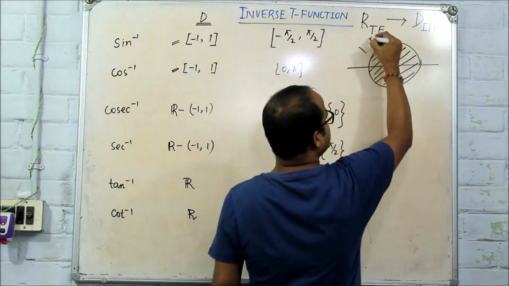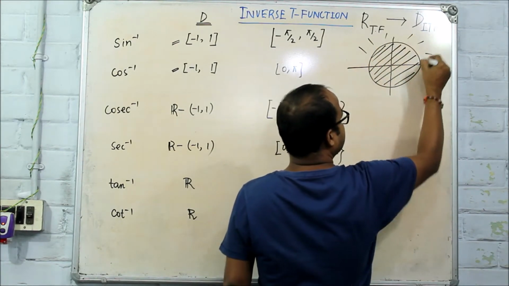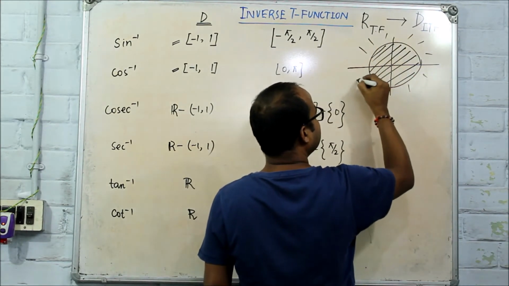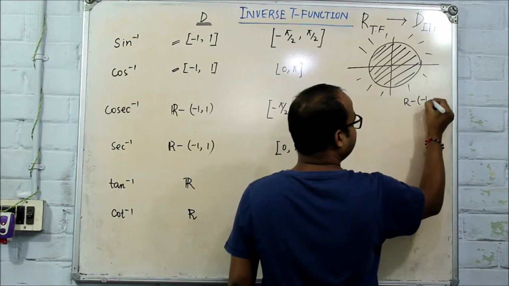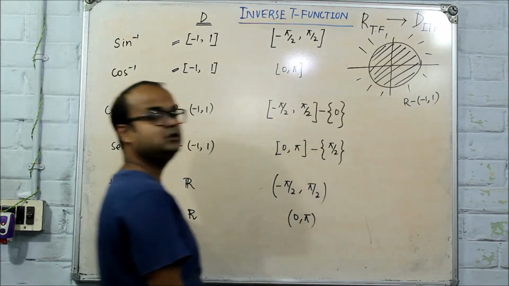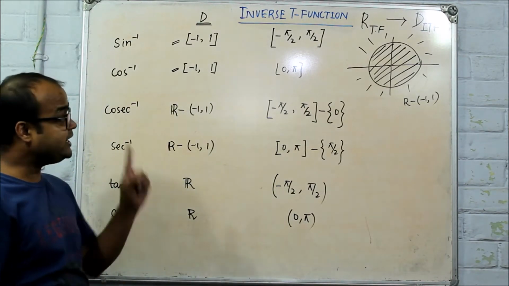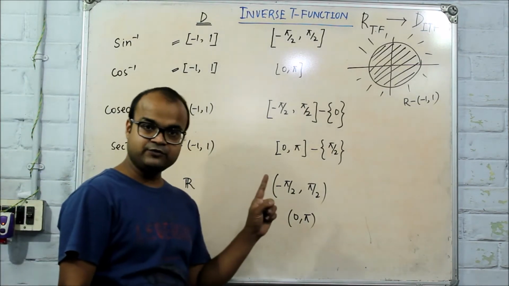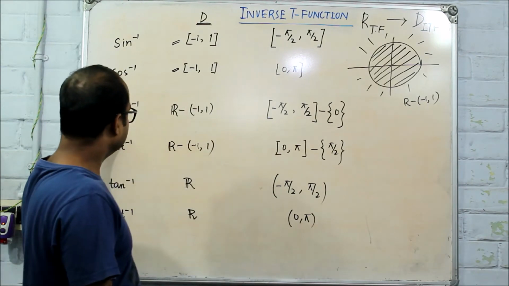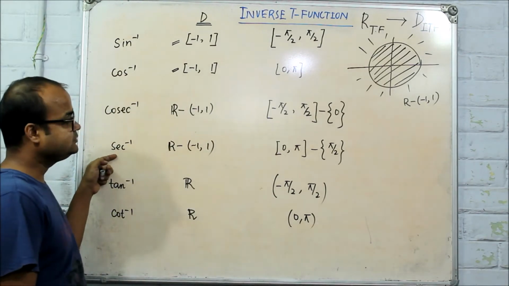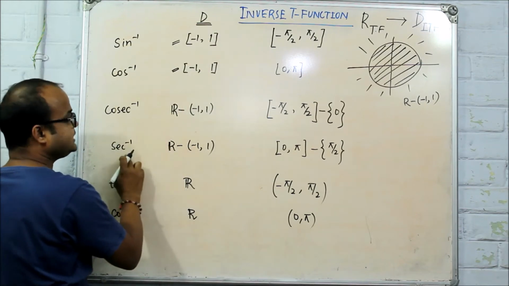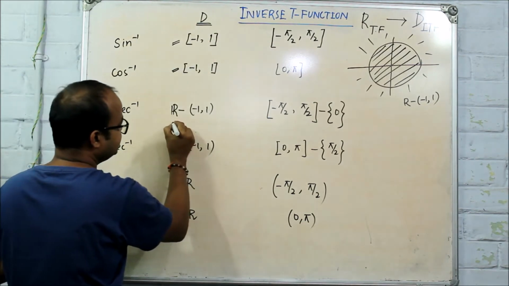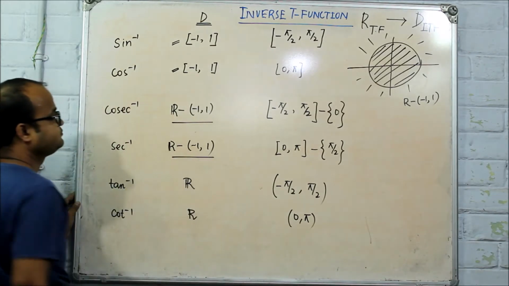Outside this region, in the plane of real numbers, R minus the open interval (-1, 1) is the range of cosec x and sec x. So in cosec inverse and sec inverse, that range will become the domain.